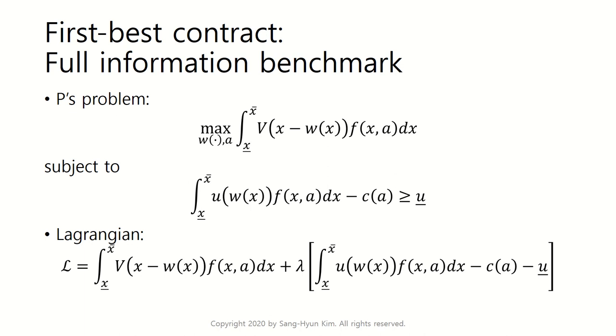But to write this Lagrangian, we have to be sure that the inequality constraint, the IR constraint, must be binding. But we know that the IR constraint is binding. So the IR constraint is binding, so we can write the Lagrangian as written in the slide, right? So the Lagrangian can be written like this.